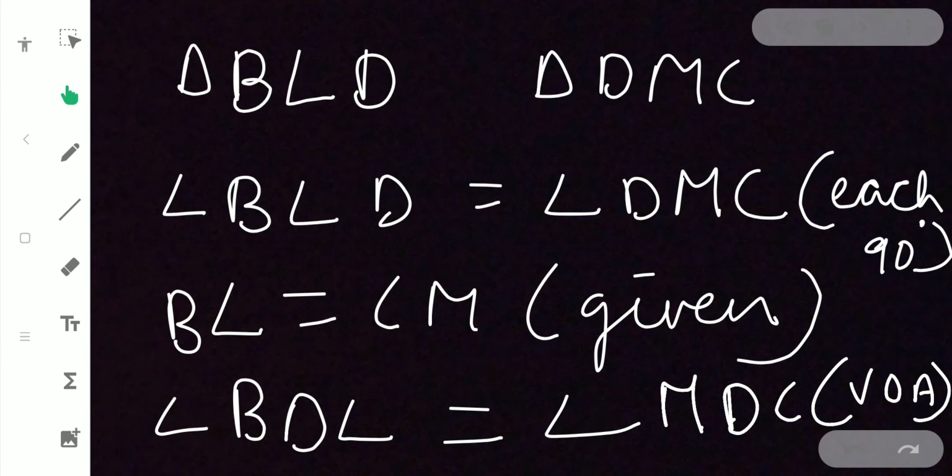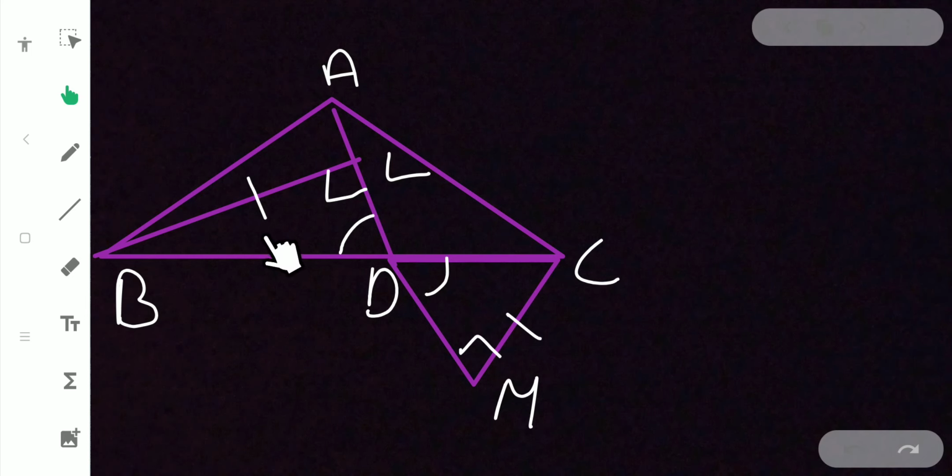Now I have proved congruency: triangle BLD is congruent to triangle DMC.